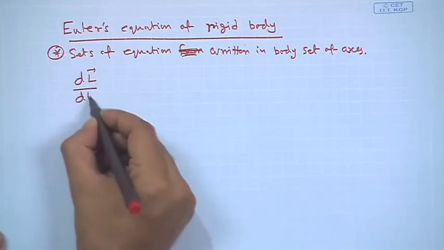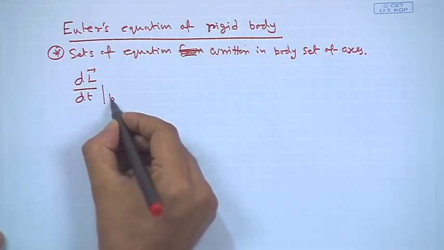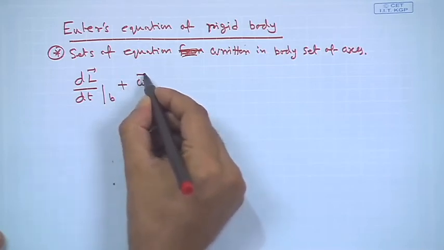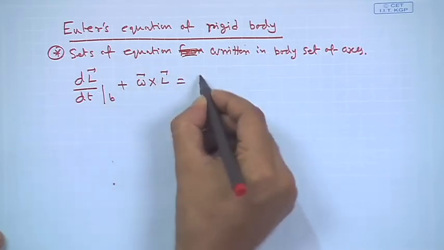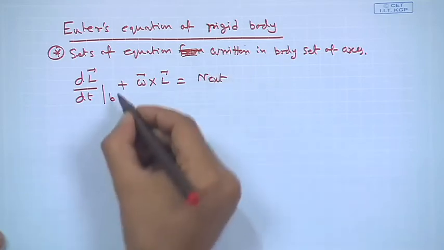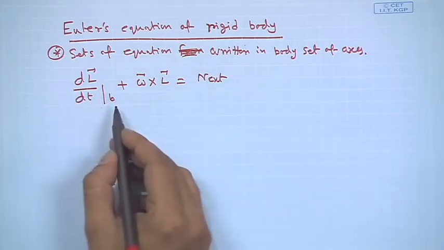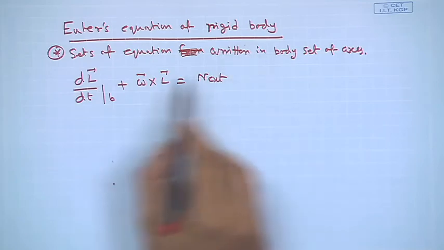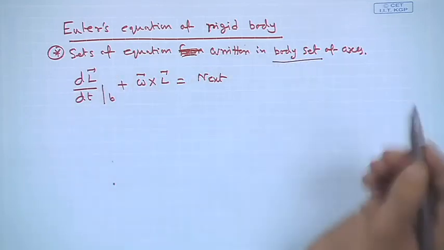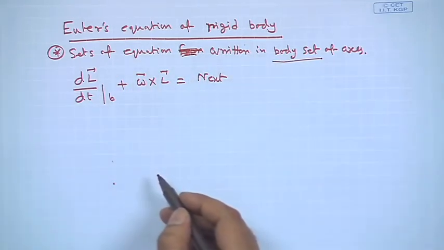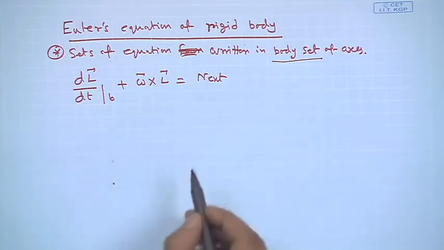So, of course, the master equation is dL/dt in the body frame plus omega cross L is equal to N external. We can stop writing body because explicitly Euler's equation is in the body set. So, we can simply try to reduce this in components.